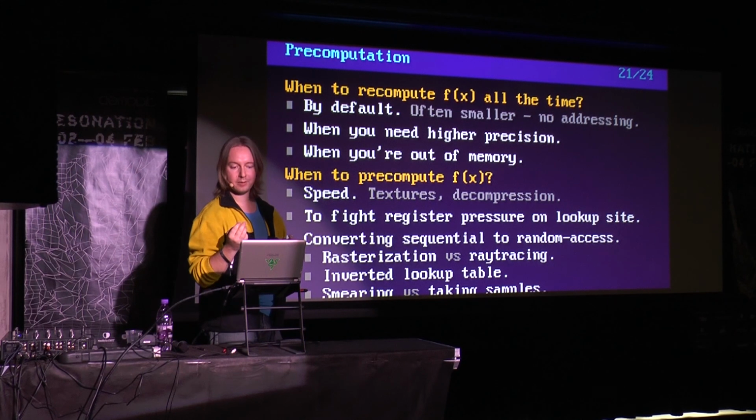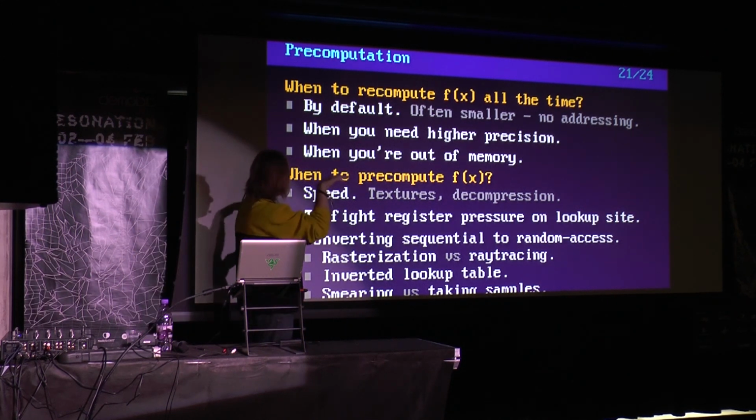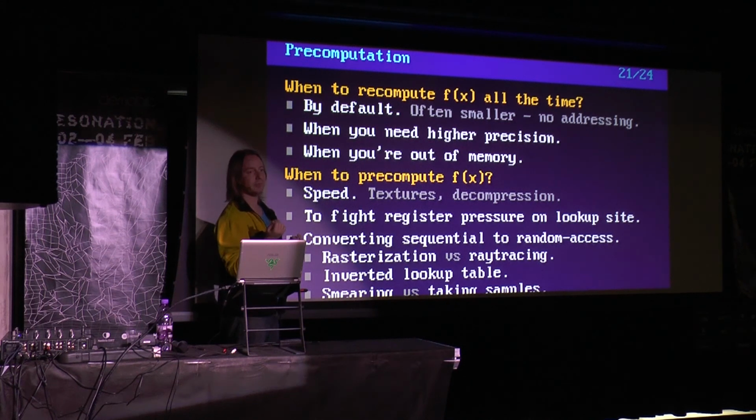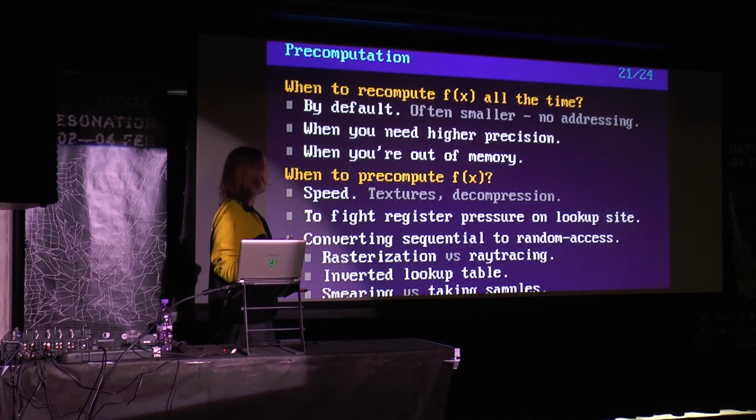When do you need to pre-compute? For speed. Decompression is usually done only once at the beginning, and needs a buffer of already decoded bytes, so you would need a buffer for that anyway.